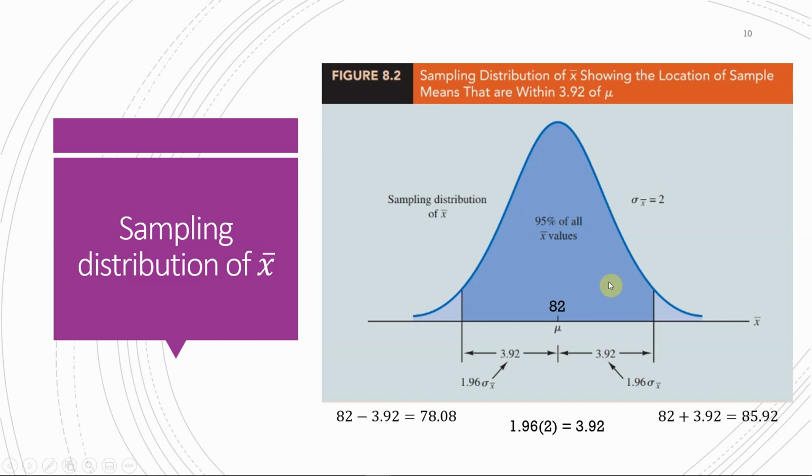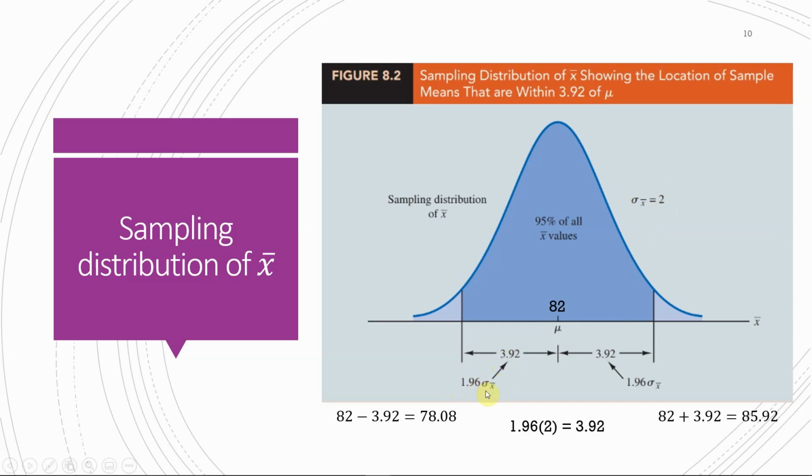That's the area, again, under the curve where all of our means would fall. So if we want to know how many standard deviations from the mean is 95%, well, that's what we just calculated. That was the z-score. It's 1.96. Then we could take that 1.96 and, specifically for this population, in the sampling distribution, its standard deviation, its standard error, is 2.